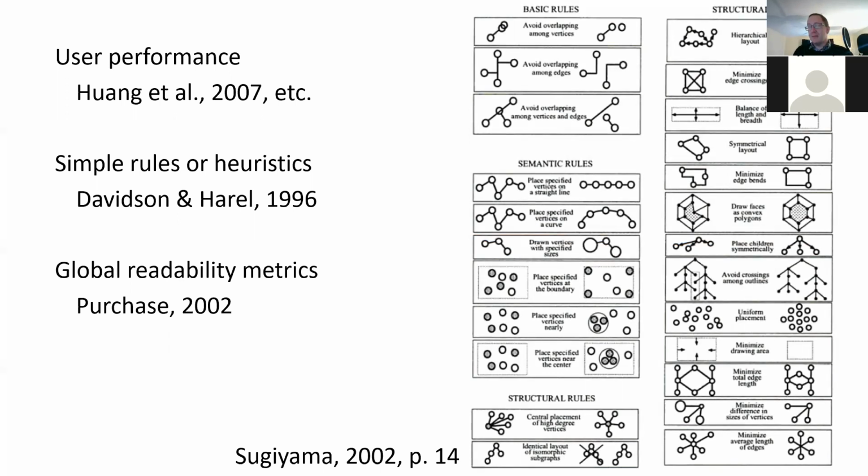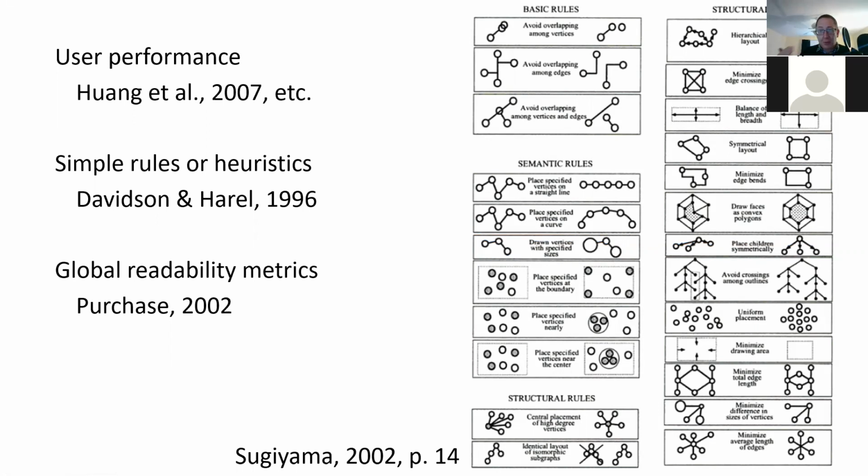If you are dealing with a graph, what's the best way of doing it? Well, first of all, you're going to try to avoid any kind of zigzagging. You're going to try and put things in a straight line if you can. You're going to try and avoid overlaps. If we have central placement of high degree vertices, you put them in the center and put everything around it. These are heuristic rules that people have discovered over the years for what people like to see when it comes to a graph and what's maximal for their ability to understand what's going on with the graph.